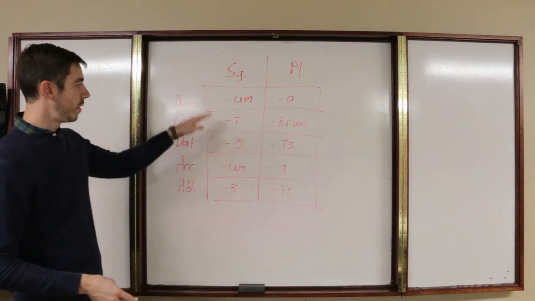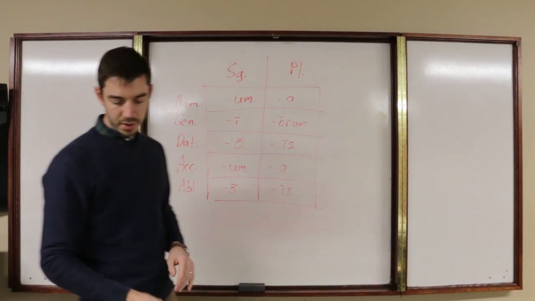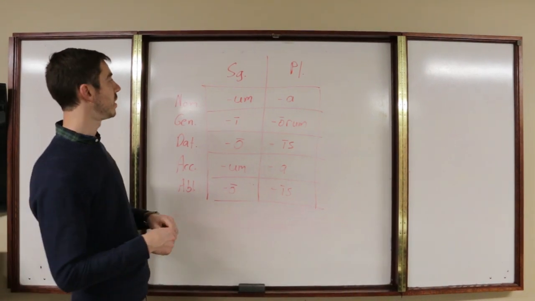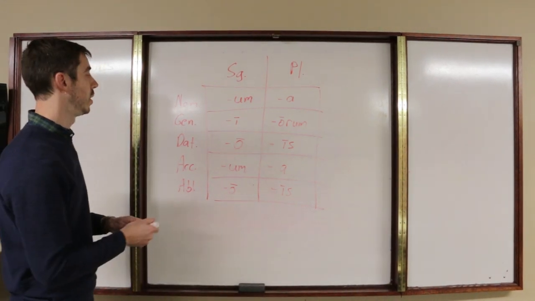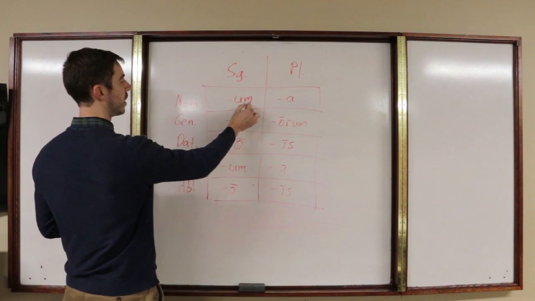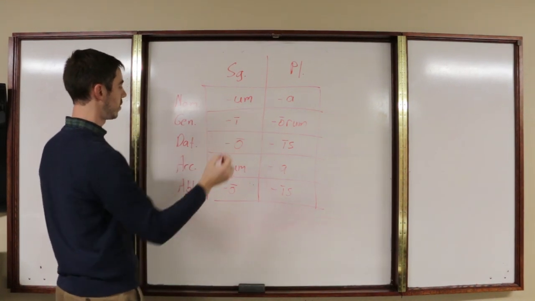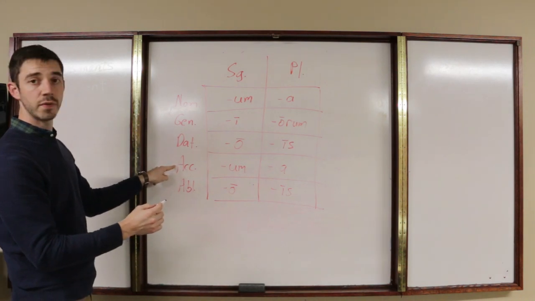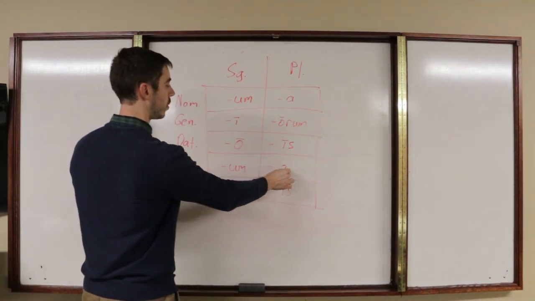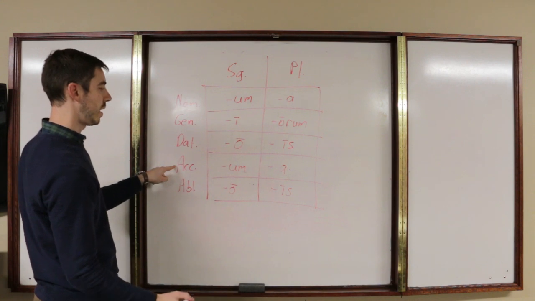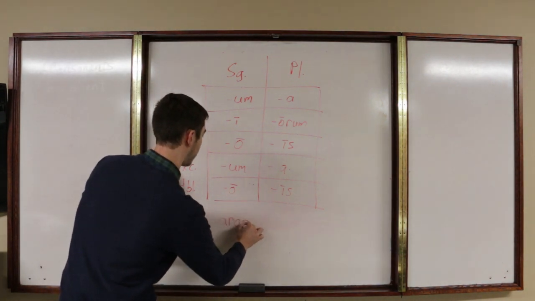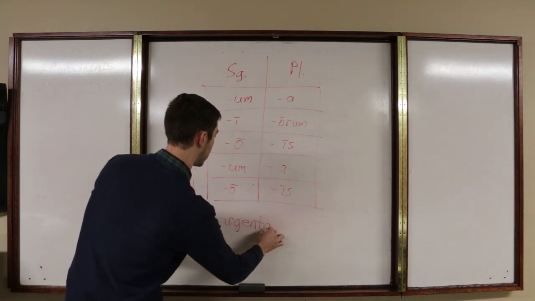So we'll leave this chart up here to help us. And the first one is argentum, and we want to put that in the accusative plural. So argentum is obviously the nominative singular, and we want to put that in the accusative and then in the plural. So that's an a ending. So instead of argentum, that becomes argenta.